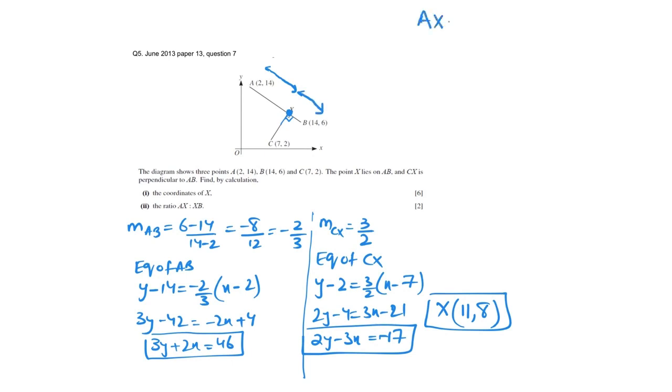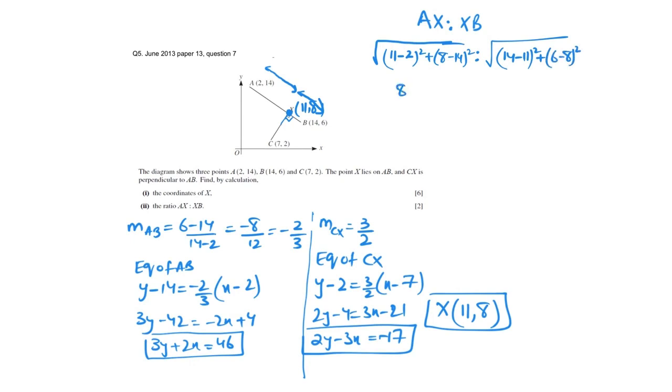All you can do is apply the distance formula: the length of AX is the square root of (x2 minus x1) the whole thing squared plus (y2 minus y1) the whole thing squared. So the square root of 117 is 3 root 13, and the other is root 13.